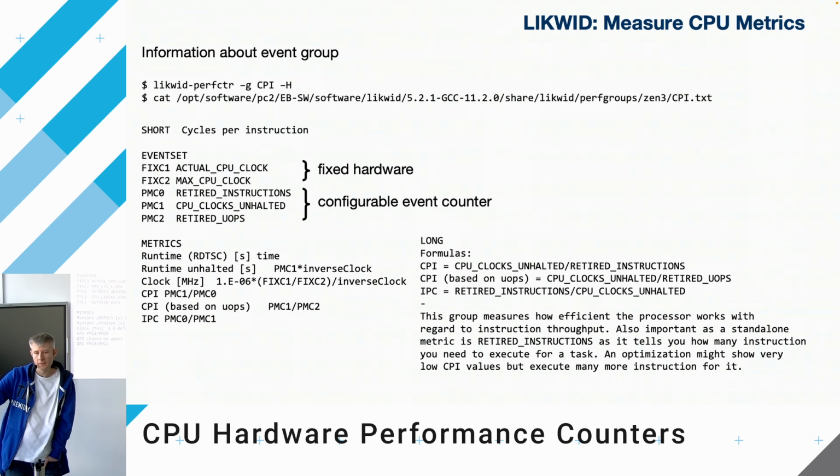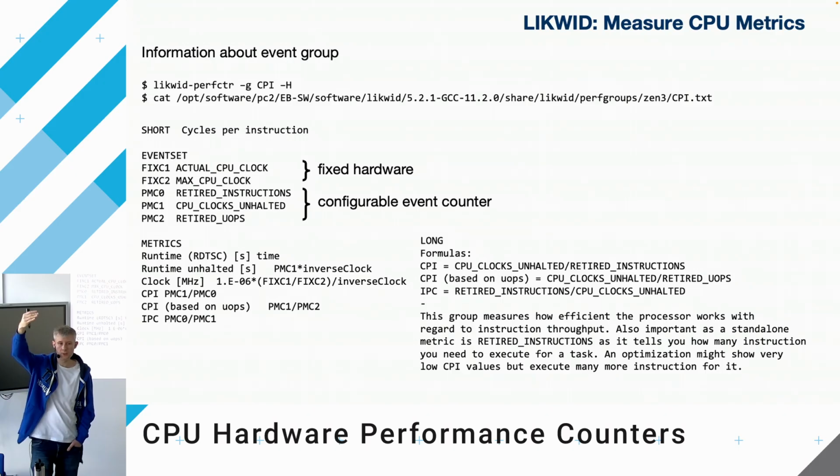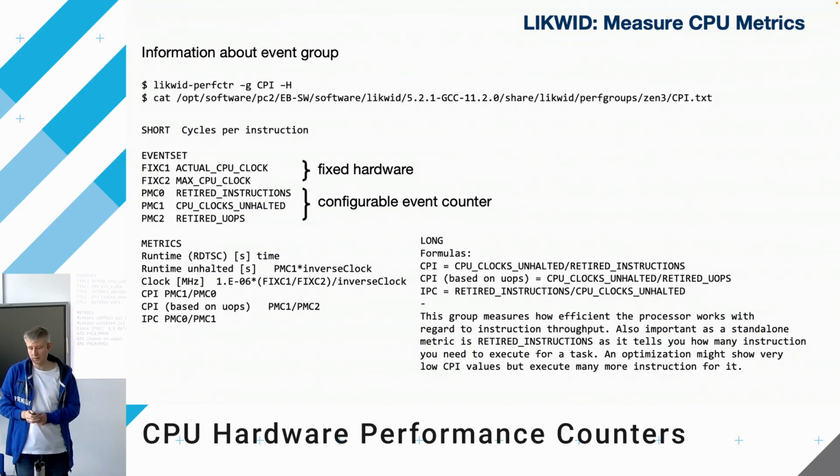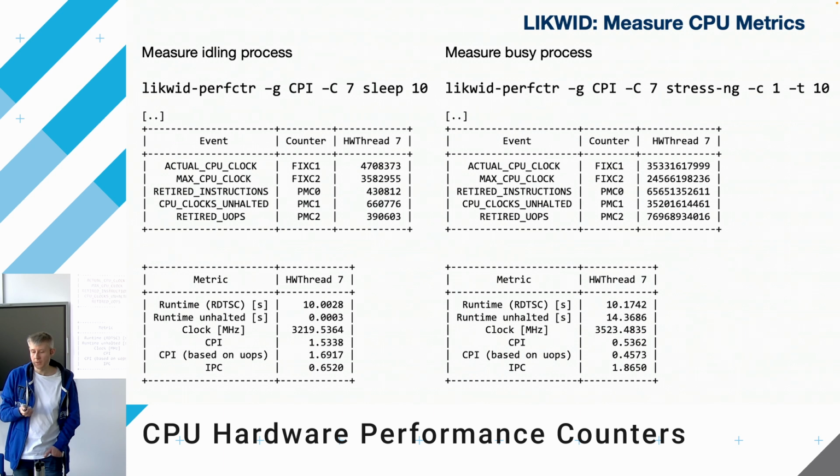There are more possible event sources, for example, the number of instructions or from the cache and so on, that can be counted, but only in a limited number of places where they are stored. Therefore, you can specify some of these event counters, and then there are also some derived metrics specified here in the group specification of LIKWID. So LIKWID reads out these values and then derives some further values here.